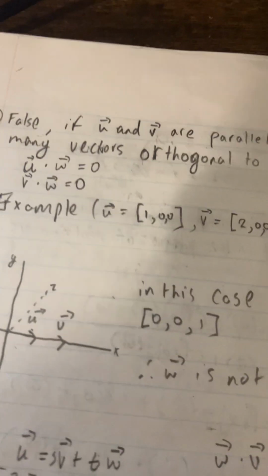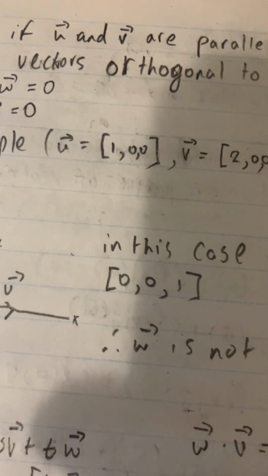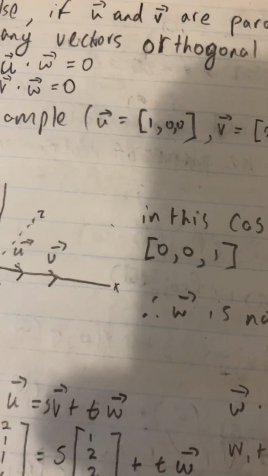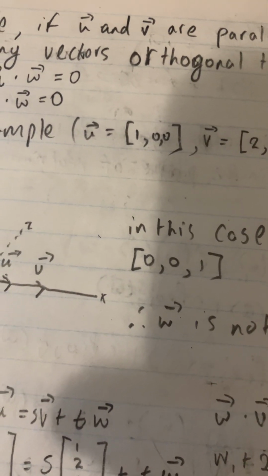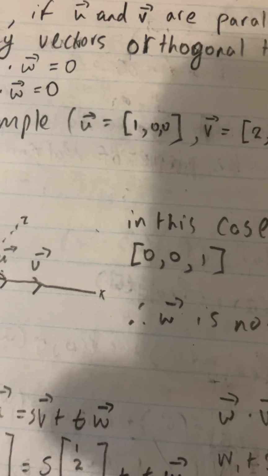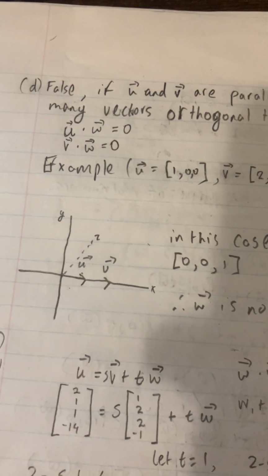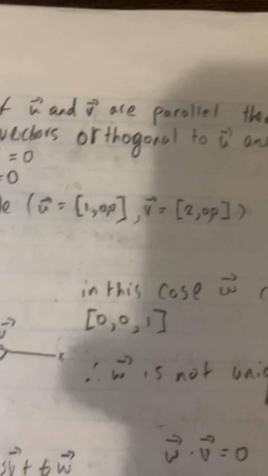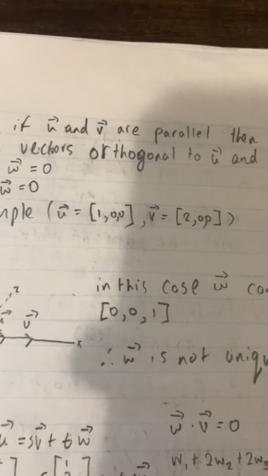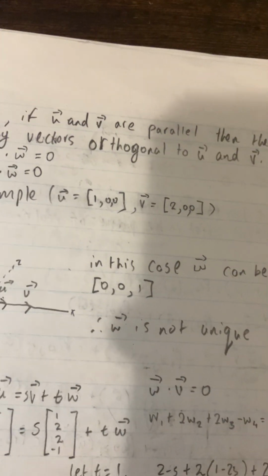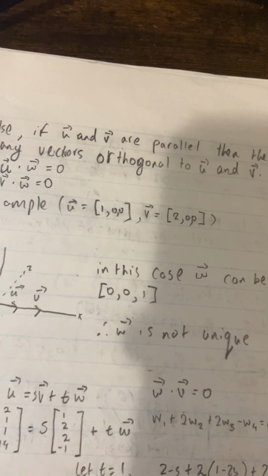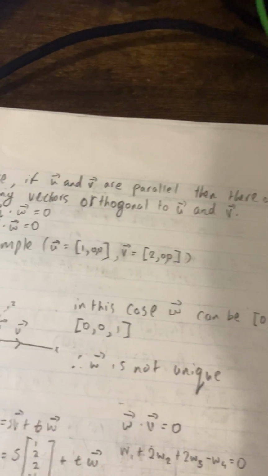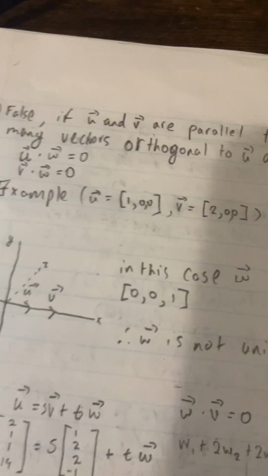For D, for any two vectors u and v in R3, there exists a unique vector w that is orthogonal to both u and v. This is false. If u and v are parallel, then there are infinitely many vectors orthogonal to u and v.